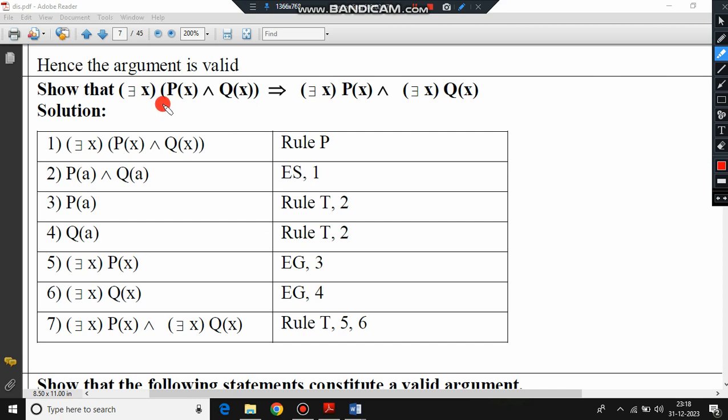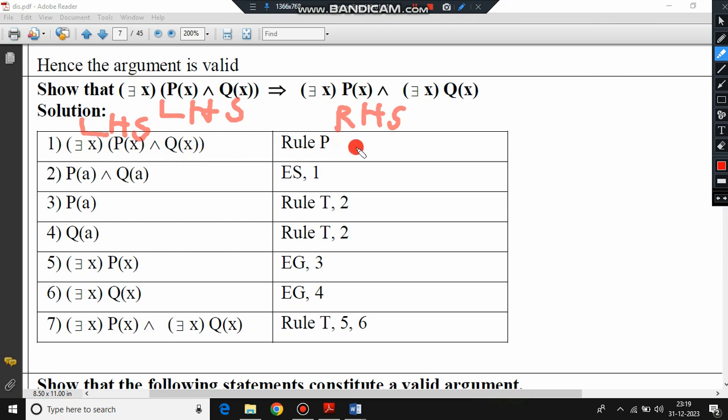Suppose I am taking this as left hand side, LHS, and this as RHS. Now you take LHS first. What is LHS given to us? There exists x, p of x and q of x.